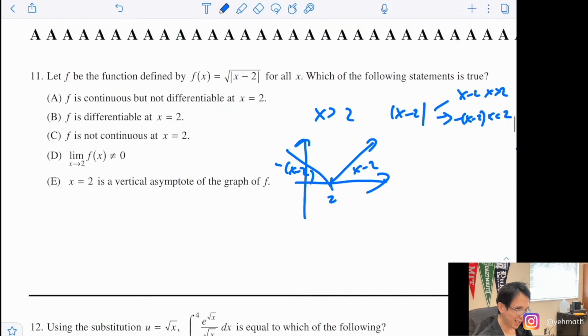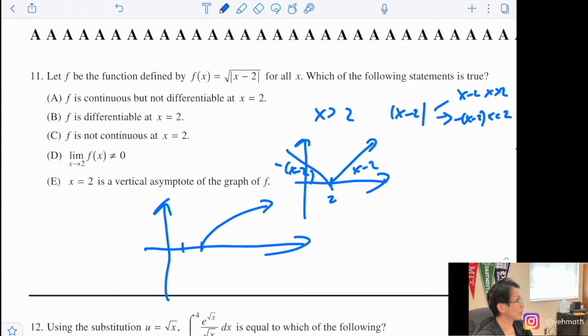So with that being said, if it's x minus 2 with the absolute value, when you plug in 2, it's going to give you 0. When you plug in 3, it's going to give you 1. When you plug in, let's say, 6, it's going to give you 2. So it's probably some type of square root equation. Does that make sense?